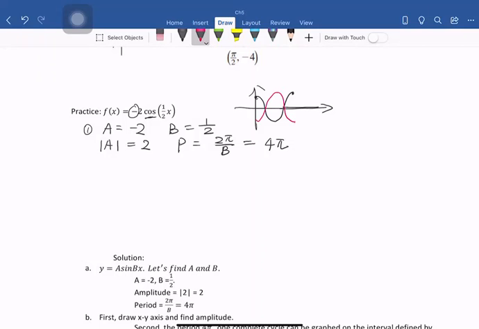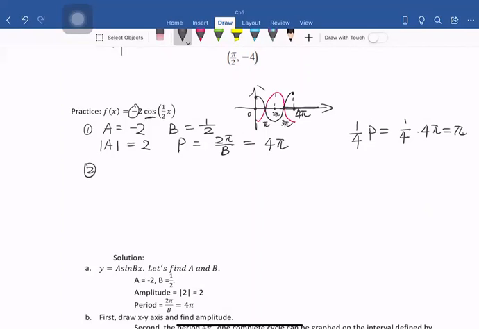Next step, I'd like to divide the period into 4 parts. That's 1/4 times 4 pi equals pi. So here is 0, here is pi. And this one is 2 pi. This one is 3 pi. And the end point is 4 pi.